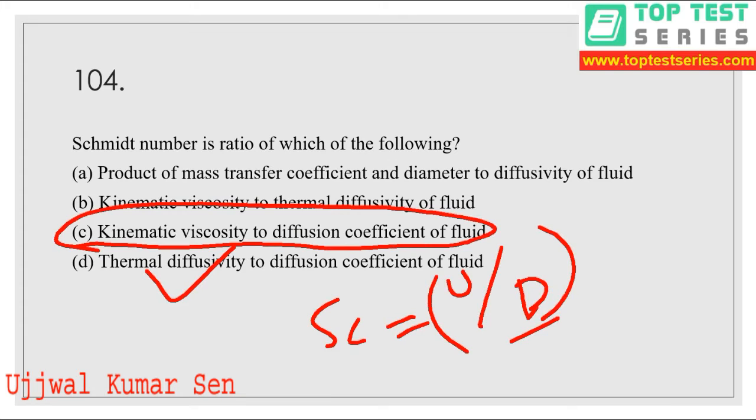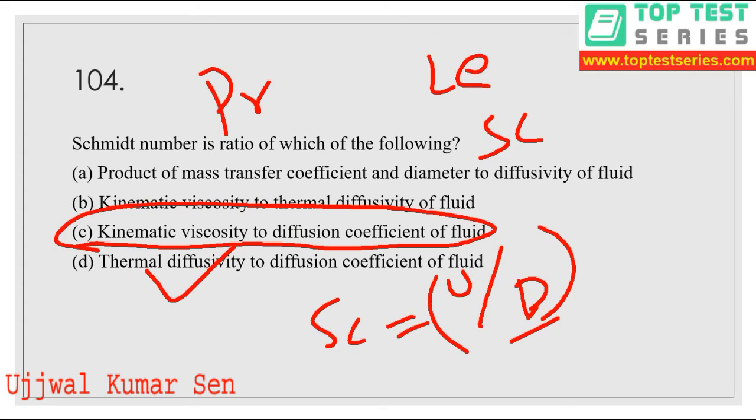But there is a relation, my dear. Let me share the relation. That is between Lewis number, Schmidt number and Prandtl number. This relation is very, very important for us. It is an amazing relation, and everybody studying heat and mass transfer must know this relation. Can you guess the relation?